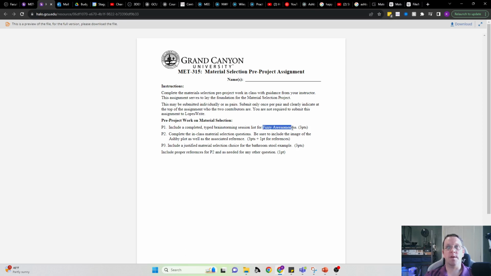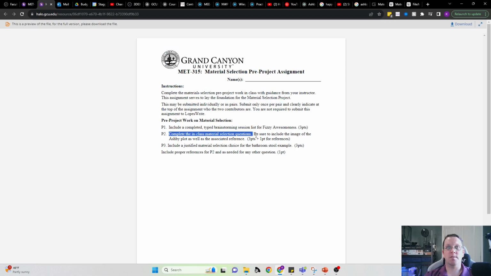Think of fizzy awesomeness, since I'll get to do some definition here. Think of it as you're going to need to pick a material for a container for fizzy awesomeness, the new replacement for the GCU, the energy drink, whatever it's branded as now.